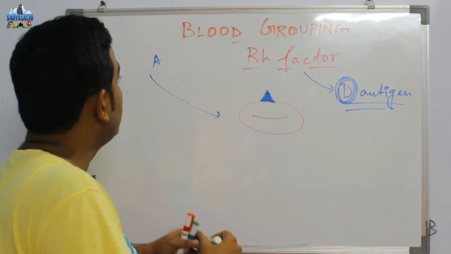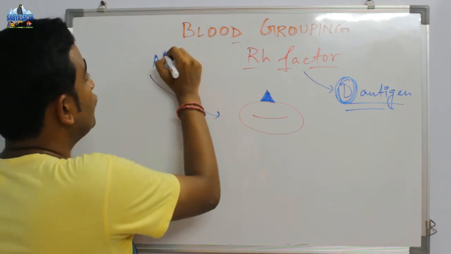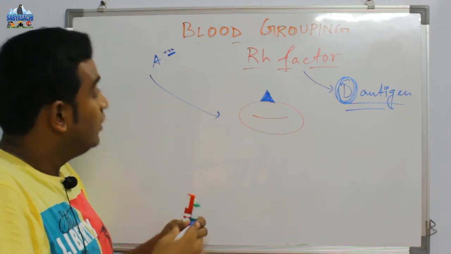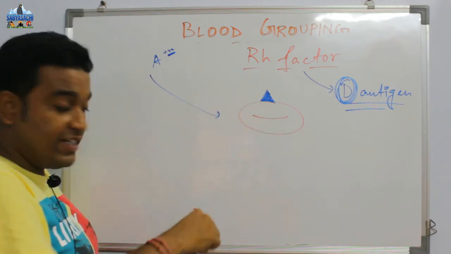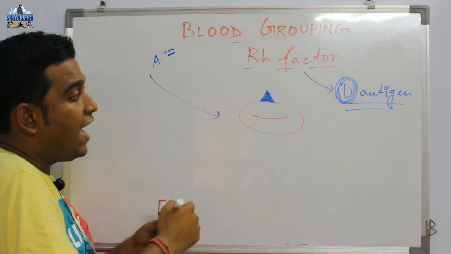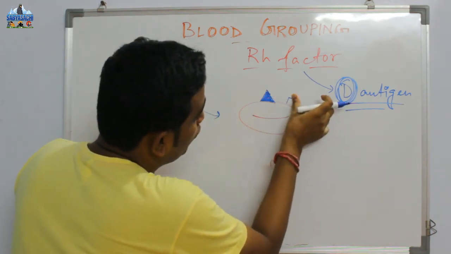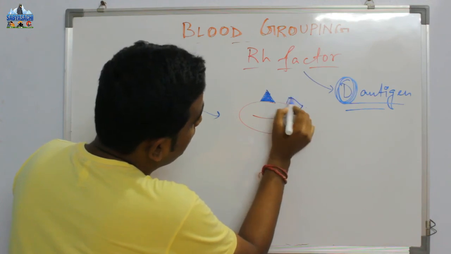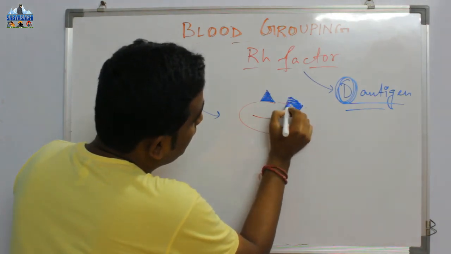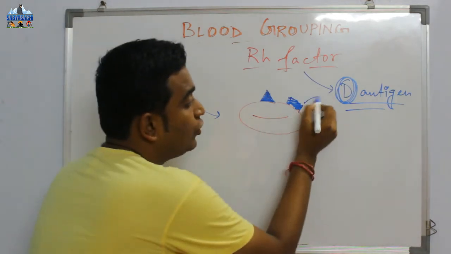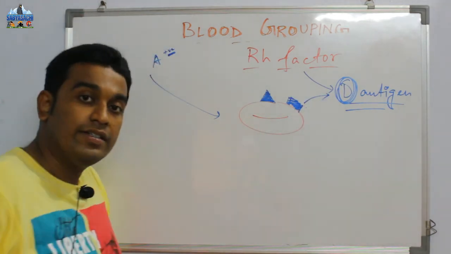Now see, if your blood group is AB positive, that means along with the A antigen you will have one more antigen, which will be known as your D antigen.